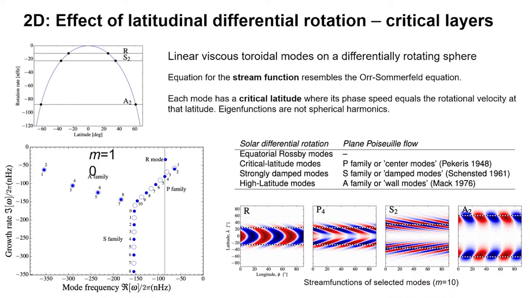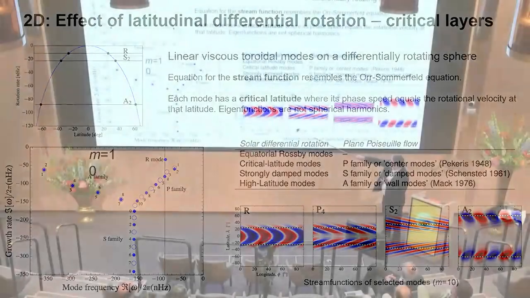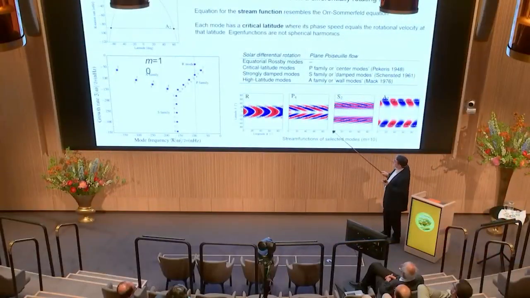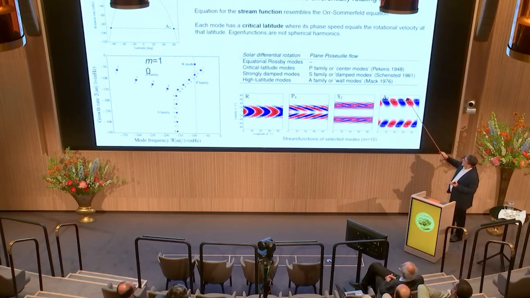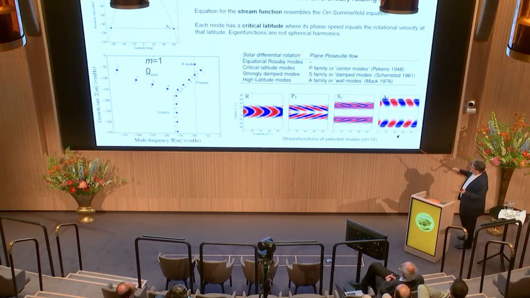Okay, as you can see for this linear eigenvalue problem here, the eigenfunctions look very different from spherical harmonics. These horizontal lines here indicate the position of the critical latitude. Okay. So here we have what we would call a high latitude mode.